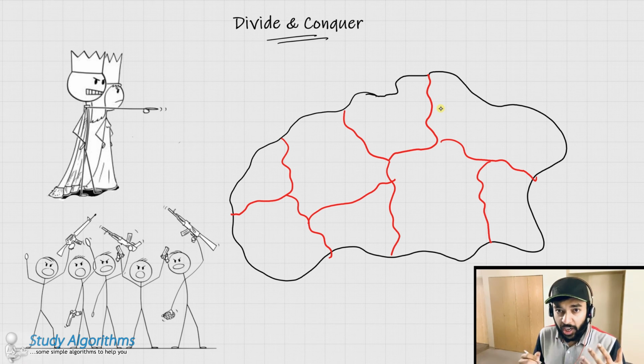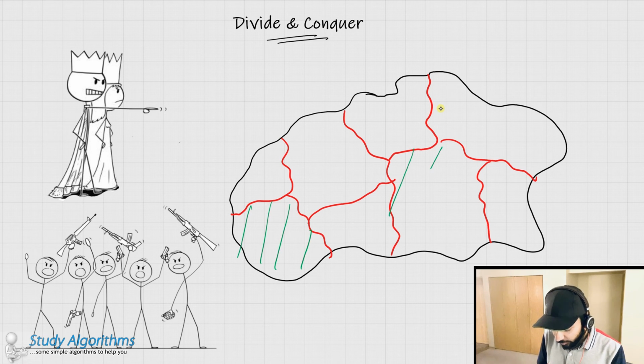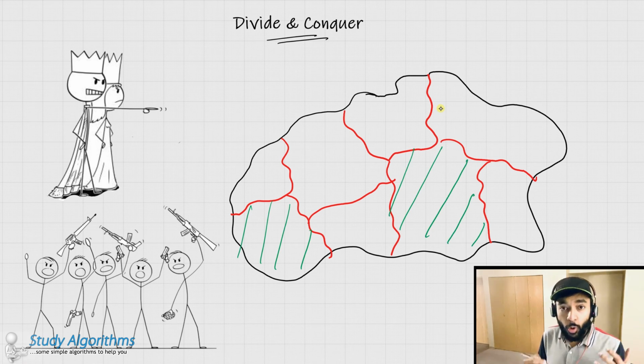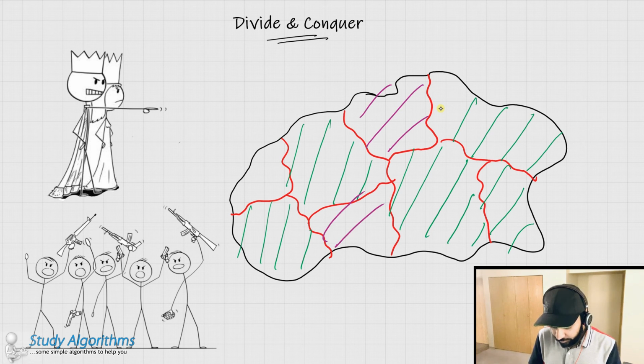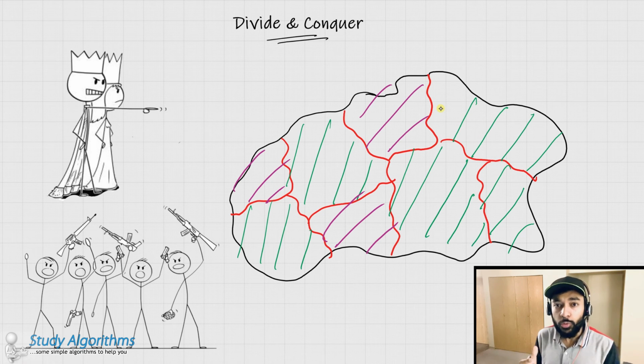So let's say you identify those territories, something like these. You occupy these and then you move further ahead. Going ahead, you occupy this territory, and this territory. And at the last, you are remaining with these territories. So what did you just do?